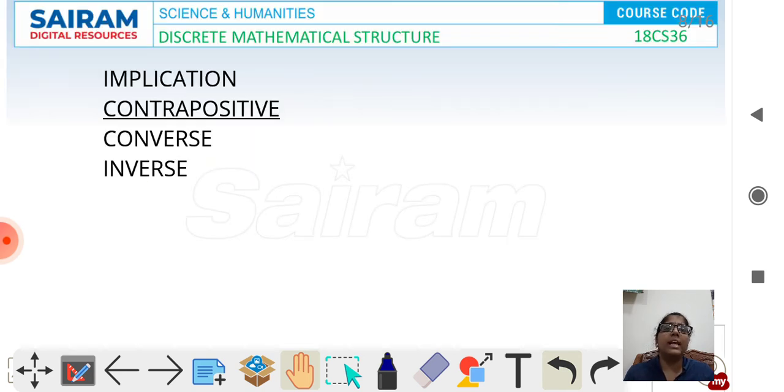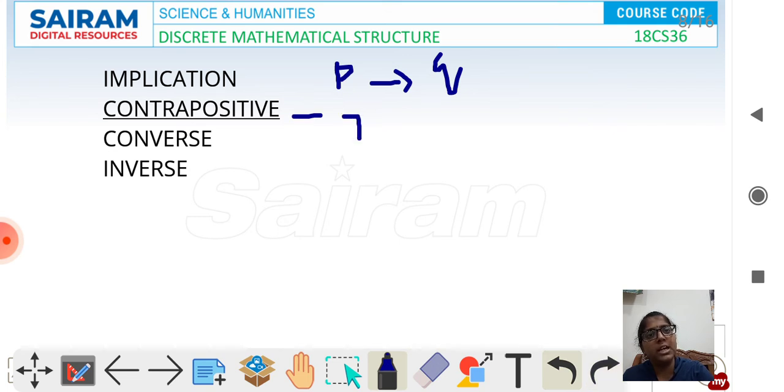Okay, so next one is implication. What is an implication statement? If you have two statements, P and Q, the implication statement is P implies Q, right? What is the contrapositive of this implication statement? It is negation Q implies negation P. You negate the second statement, which implies the negation of the first statement.